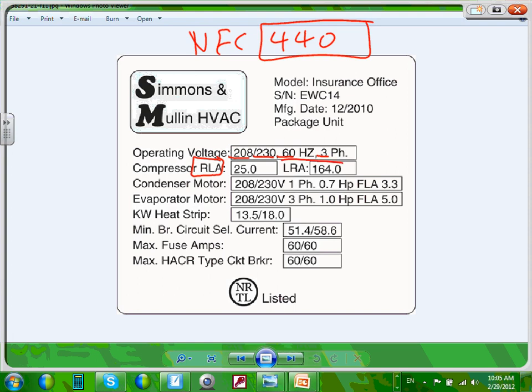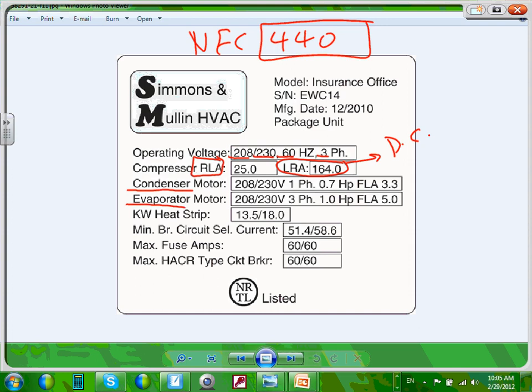Locked rotor current is very important when sizing disconnects. We size the disconnect based on the locked rotor current. You want the disconnect to be able to interrupt the locked rotor current of this system. Then moving down, it's split into condenser and evaporator because it's a packaged unit.